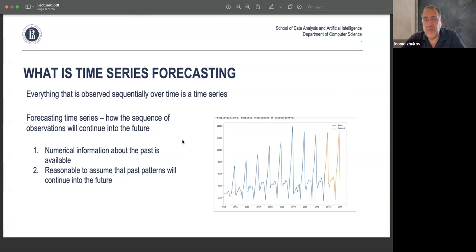And here is an example. Blue is the historical data, and yellow is a forecast. That's what we want to do. And you do want your forecast to have all those peaks and drops that are learned from the historical data. Sometimes only the historical values are available, like, for example, sales and nothing else.